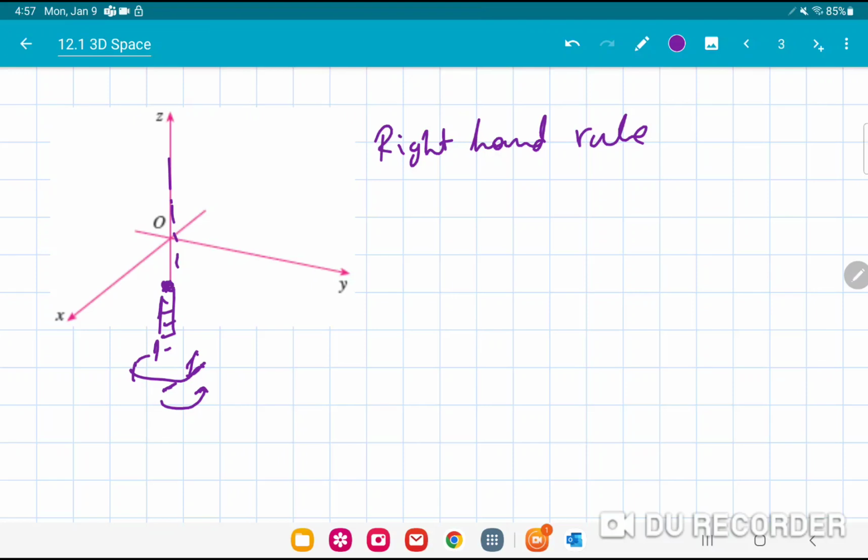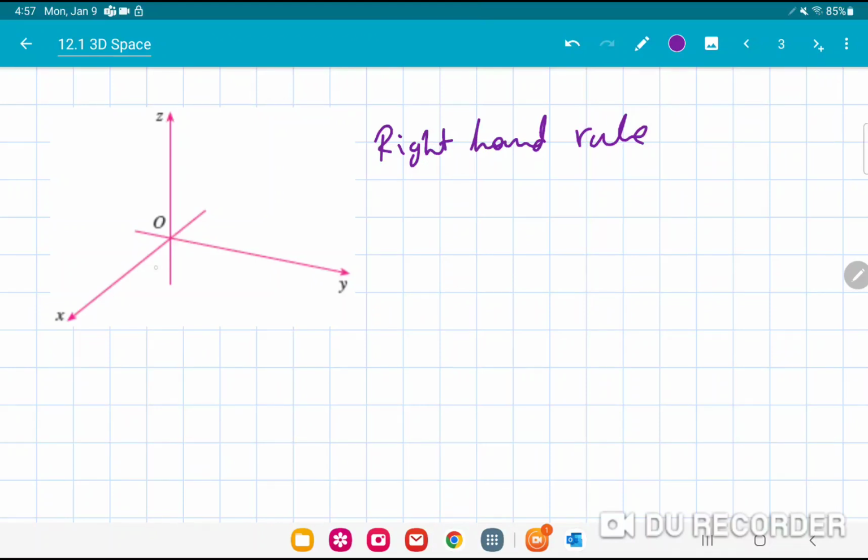That's the right-hand screw. Okay, there are some left-hand screws for a specific reason, but in general, 99.99% of the time, our screws go from x to y and then towards z.